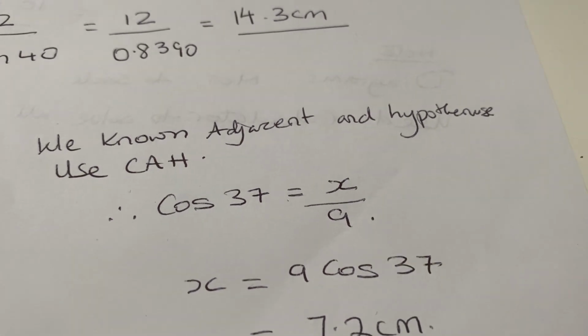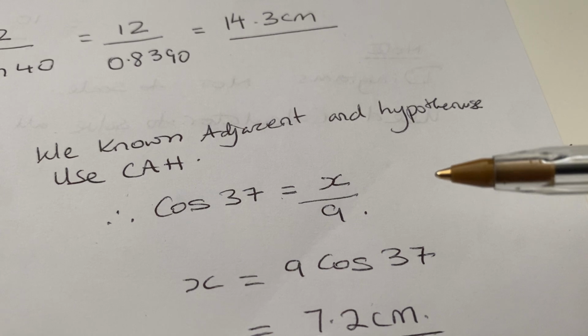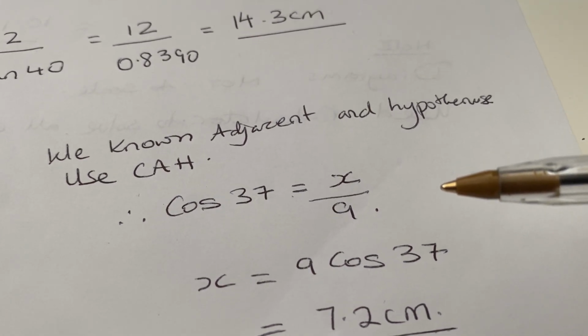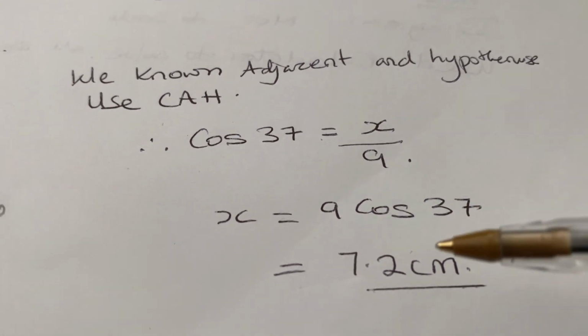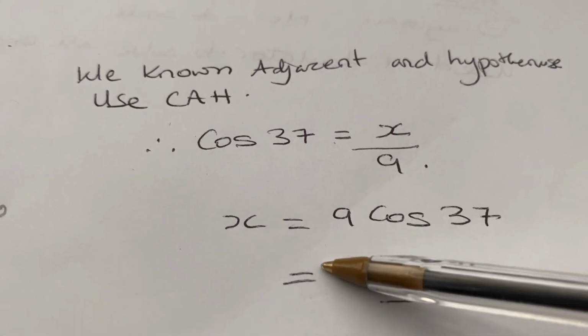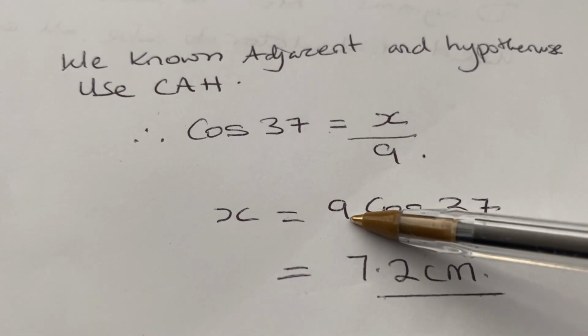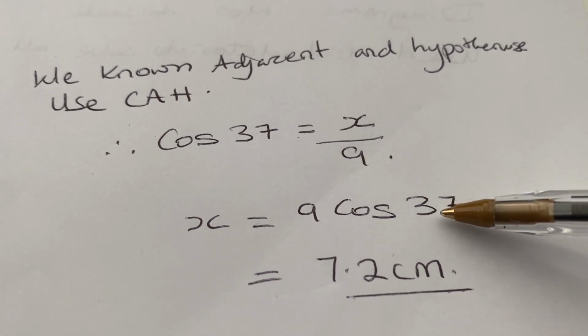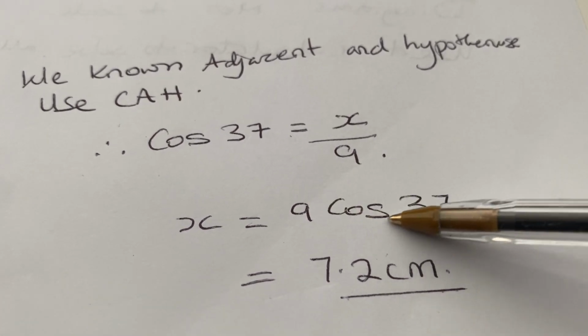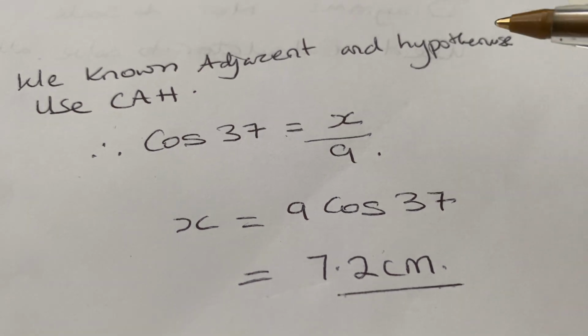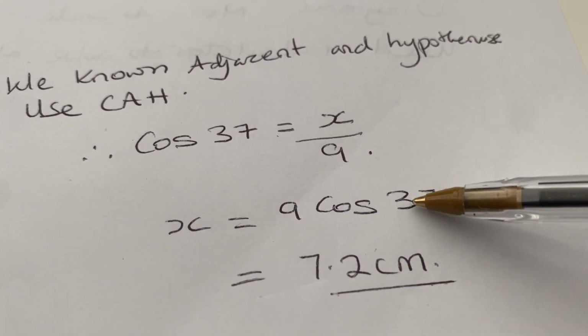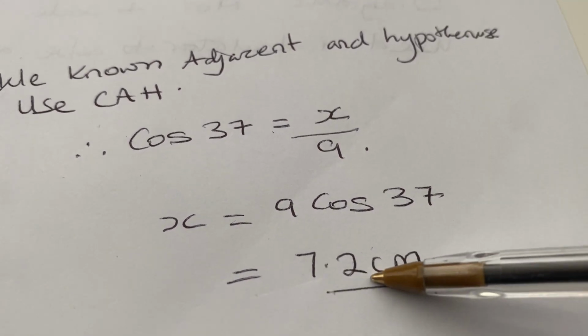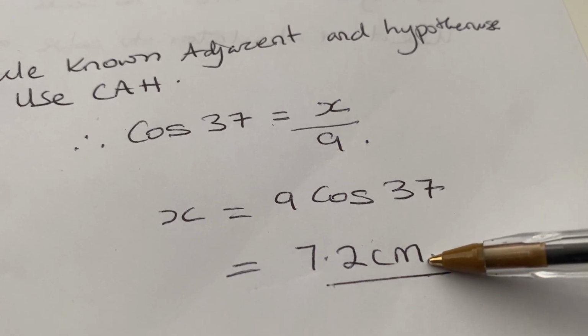In the end, I'll bring the unit, which is in centimeters. So x equals 9 cos 37. So 9 times cos 37 on the calculator will give me 7.2 centimeters.